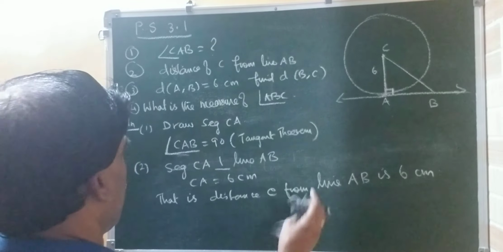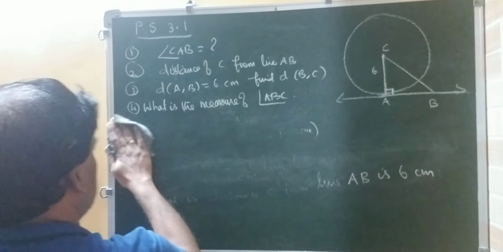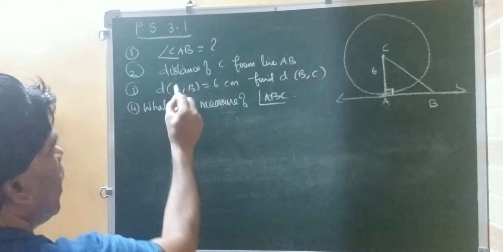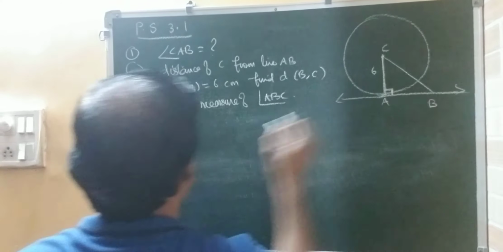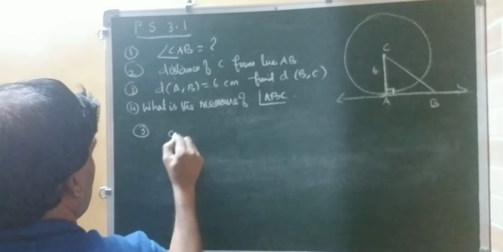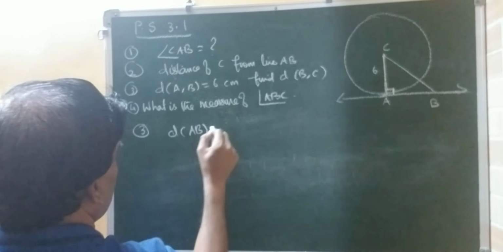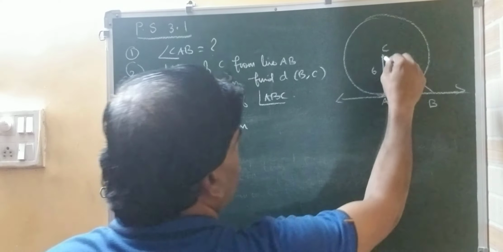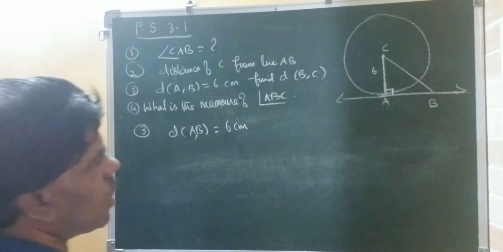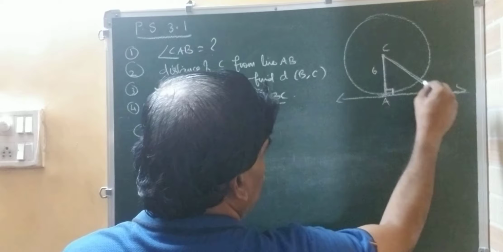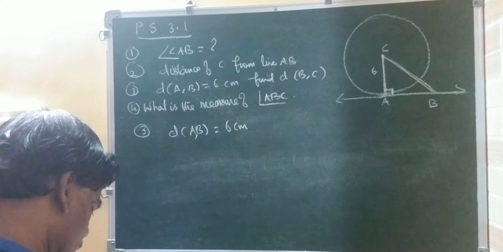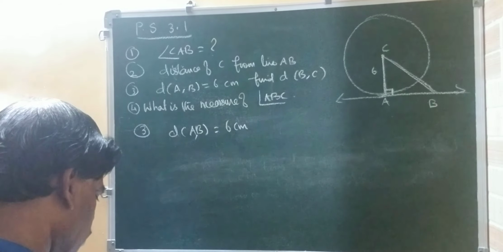Now listen very carefully. Next is very important. Distance of AB equal to 6 centimeter, and find the distance of BC, they wanted to know. Now, one more thing they had given is what?